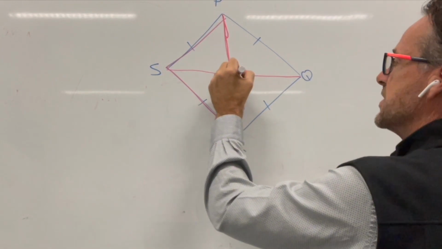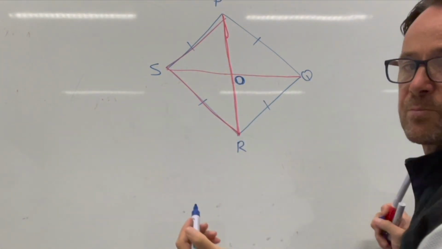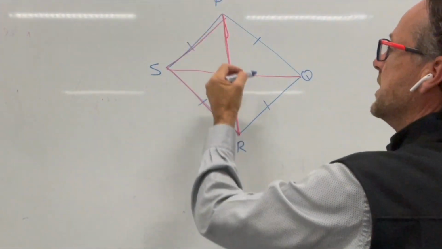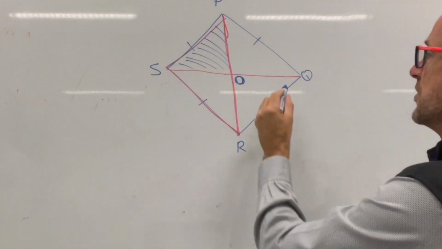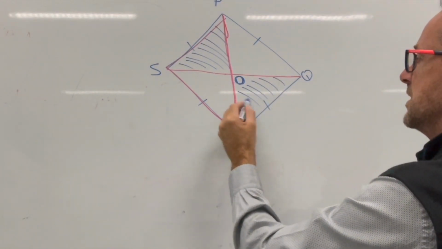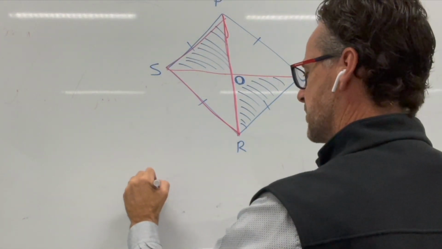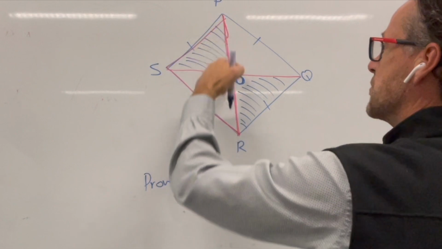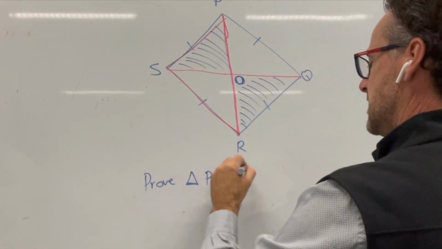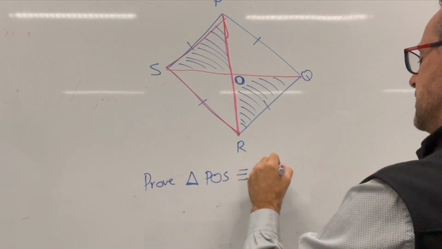Call this inner circle here O, and we're going to prove that POS, so this one in here, is congruent with the one on this side here. Okay, so this is what we're going to prove now. We're going to prove that the smaller triangle POS is congruent to the smaller triangle here, POQ.